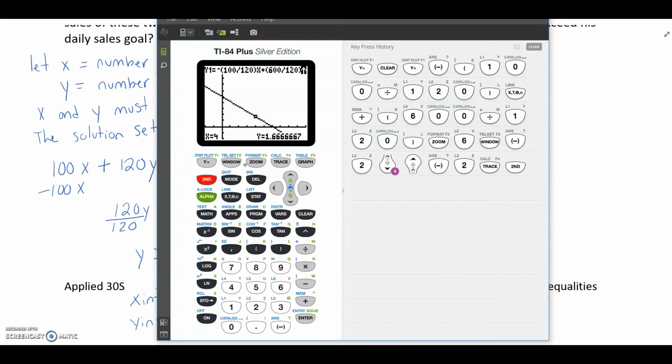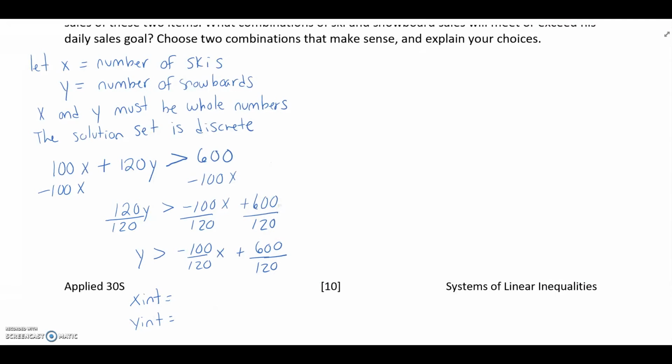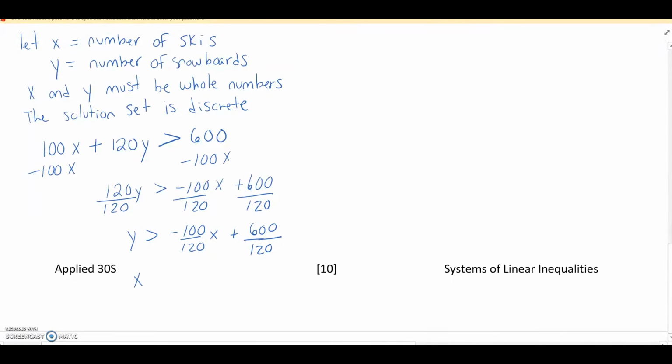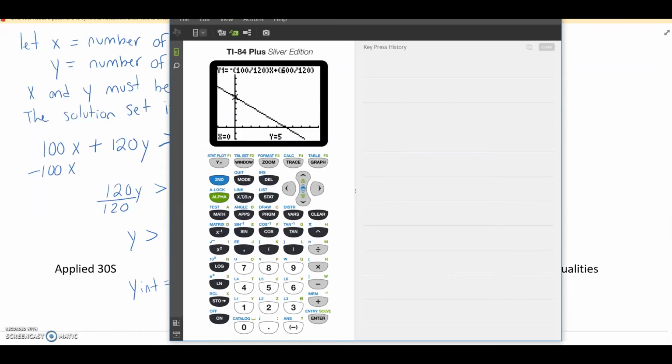Let's get my x and y-intercept. I'll start with my y-intercept. Put in x value of 0, and that gives me a y-intercept of 5. Then go back, second trace, and this time we're going to go find our x-intercept.